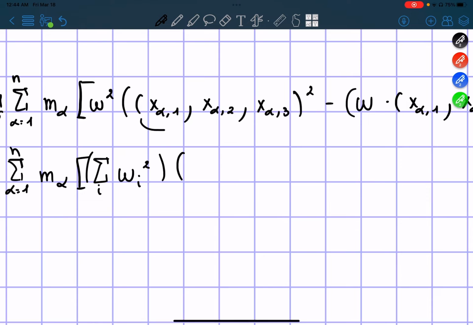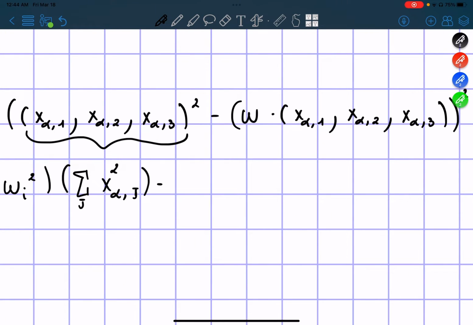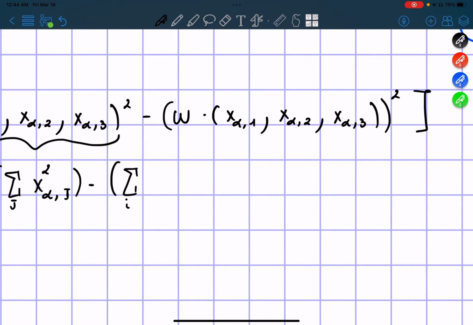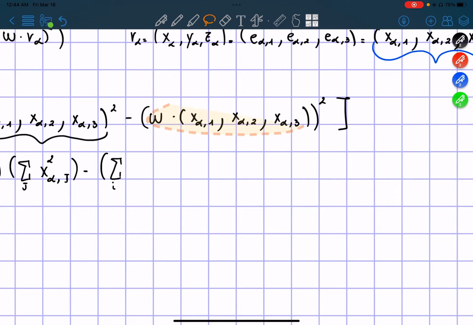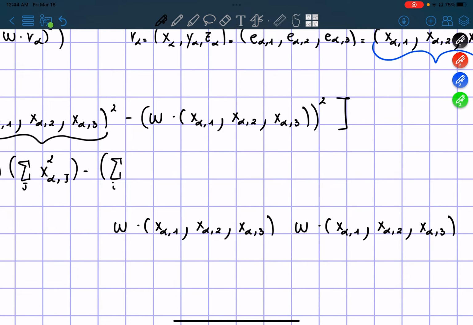Well, we can rewrite this part in a more compact way. So summation of x_α, let's call it j because we want to do something different, j, and of course squared, minus, again, we're going to have our, in this case the square is outside the parentheses, so it's like taking this and then multiplying by the same thing again.